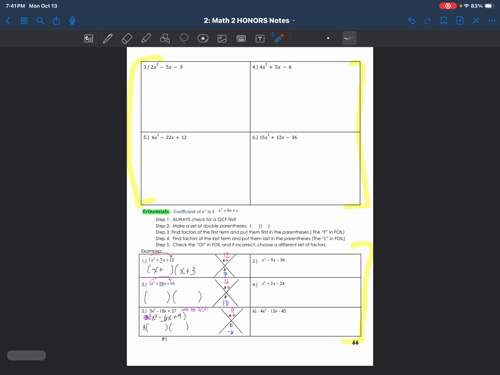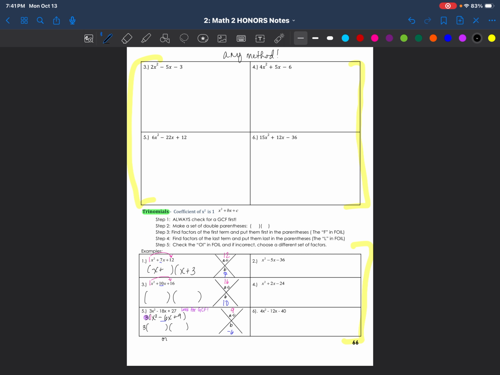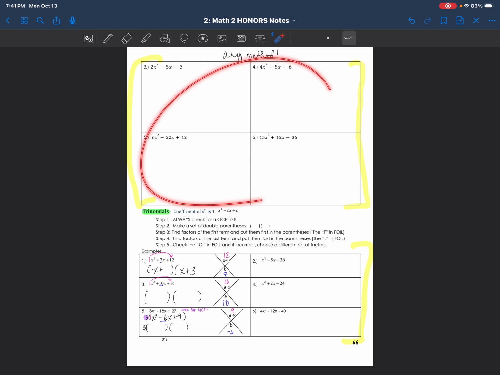For this one you can use any method. I want you to try all of these, but remember to always look for GCF first. So make sure you're looking at that for all of those.